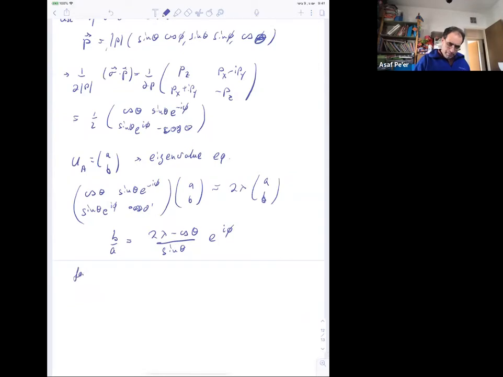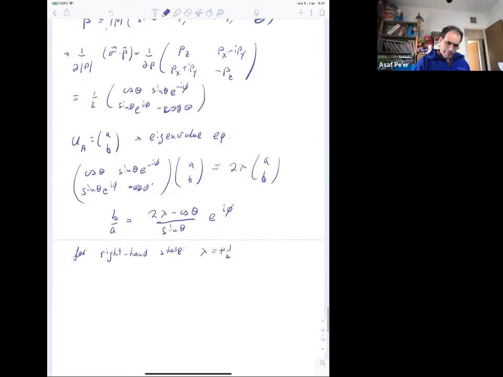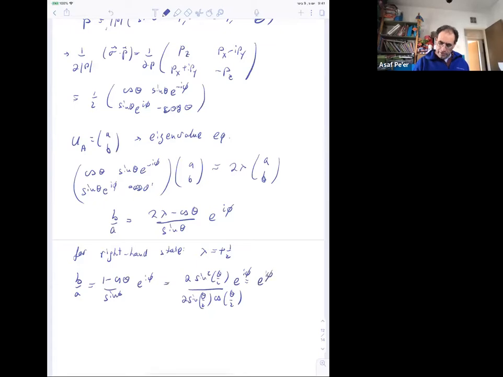So B over A is (1 minus cosine theta) over sine theta e to the i phi, which we can write as 2 sine squared of theta over 2, over 2 sine theta over 2 cosine theta over 2, times e to the i phi, which is just e to the i phi sine theta over 2 over cosine theta over 2.